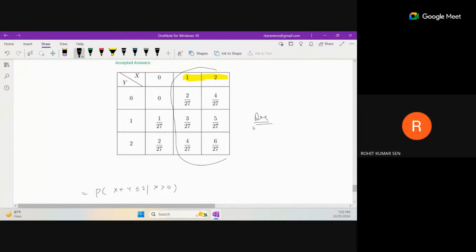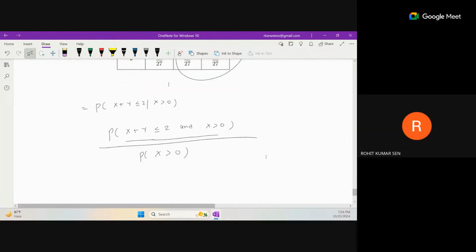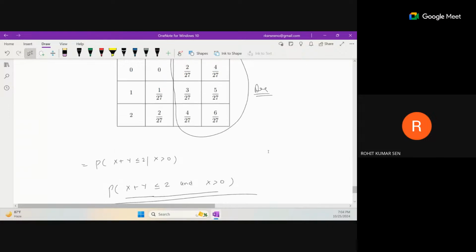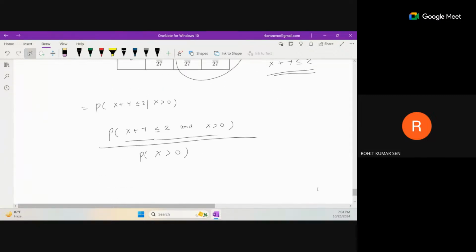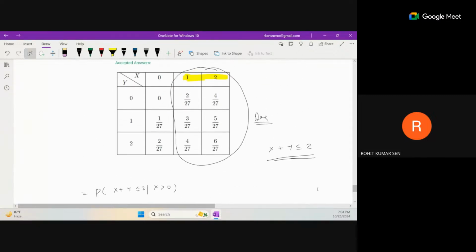I have applied one condition. My x value should be greater than 0, so x can be 1 or x can be 2. After that, I will apply the other condition, that x plus y should be lesser than or equal to 2.